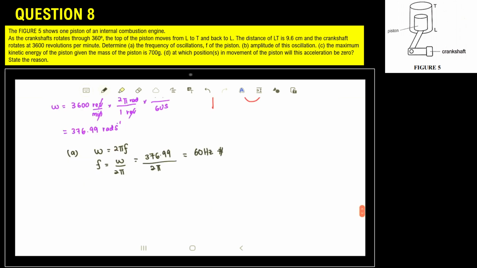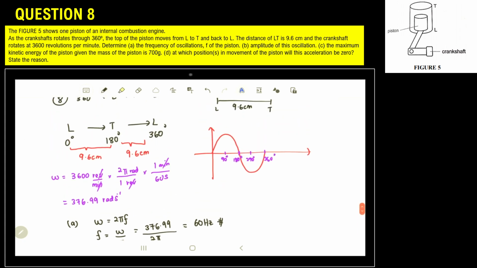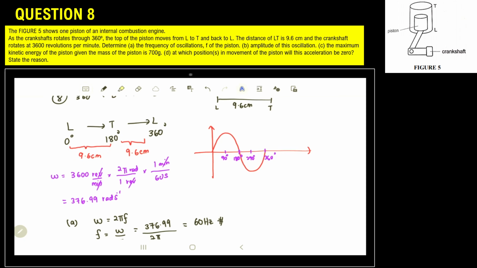For B, the amplitude of this oscillation. Look here: from 0 to 180 degrees is the half cycle, and the distance traveled by the piston is 9.6 centimeter.